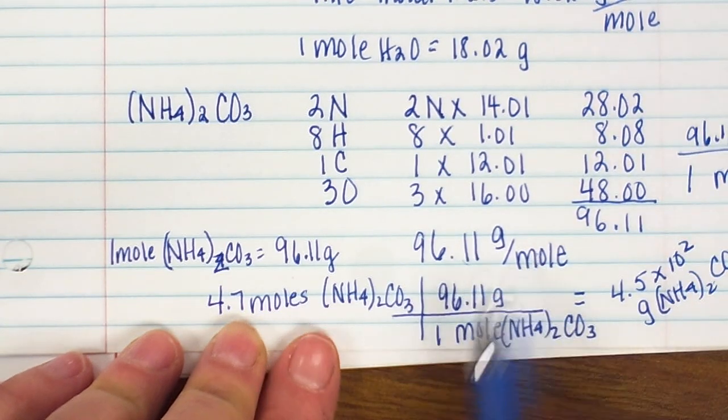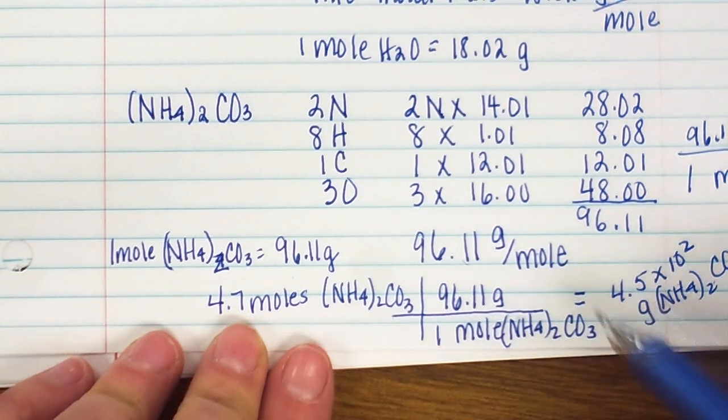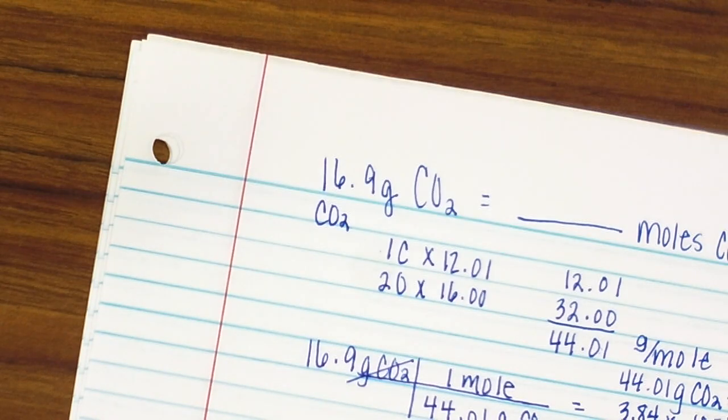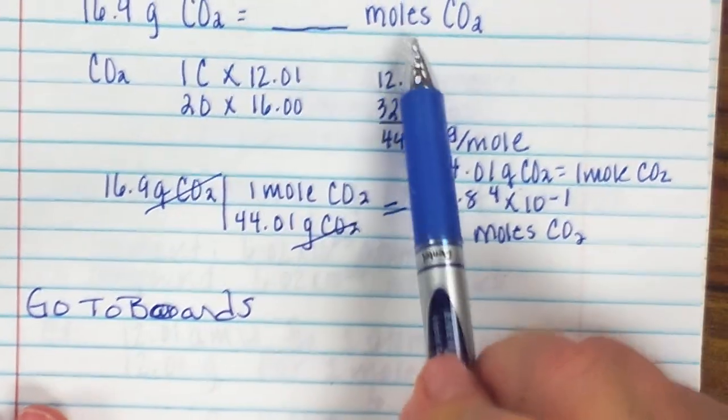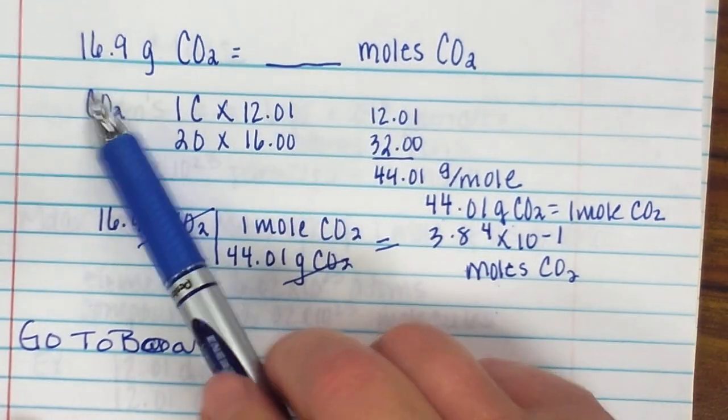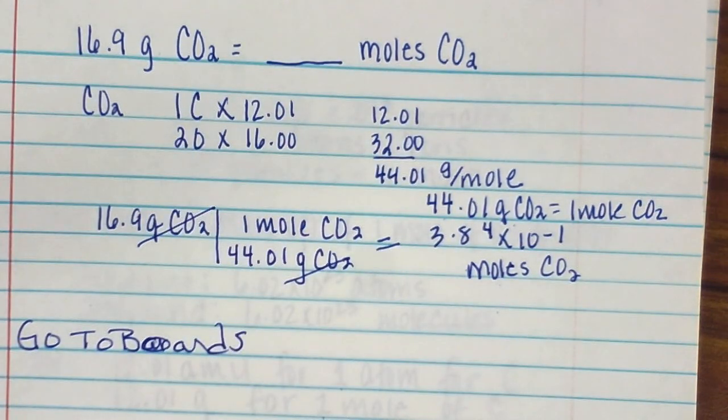That's what this fraction is, grams per 1 mole. I can flip this around any way I want so long as the numbers and the units stay together. That means I can go from grams to moles, or I can go from moles to grams. Questions? Okay, let's go to the boards.